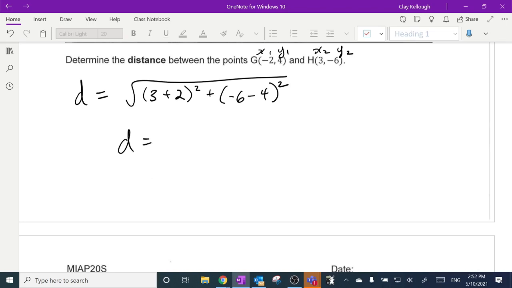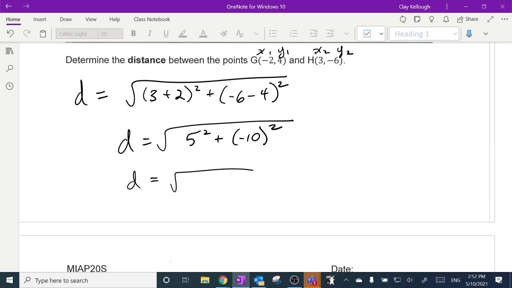So the distance is 3 minus negative 2, negative 6 minus 4. So that is the square root of 5 squared plus negative 10 squared. You know, on this step, if you didn't even write that negative anymore, you know it's about to go away anyway, right? You're about to square a negative, which ends up positive. And you're going to get 25 plus 100. And again, here in chapter X, chapter 7, whatever, I'm happy with that answer.